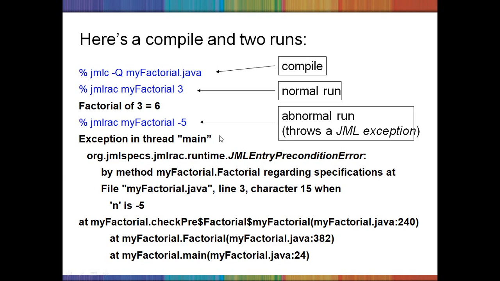So exception in thread main org.jmlspecs.jmlrac.runtime.JMLEntryPreconditionError, because we have given the precondition as a positive value. We check whether the value we are supplying is greater than or equal to 1 or not. So the entry condition failed here. This is the way it will return the exception once you have given the wrong input.